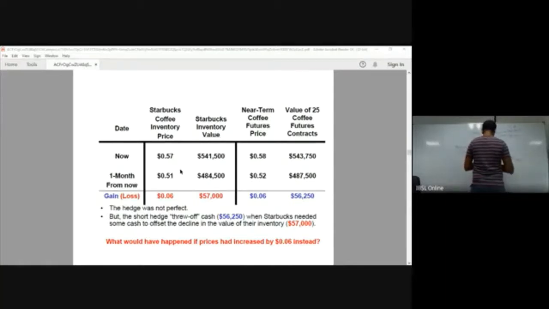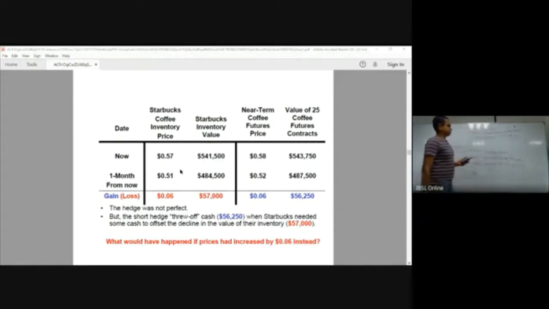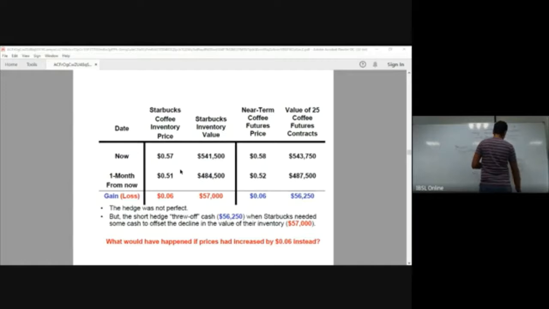So on inventory, they make a profit of $57,000. Then on the short futures, they make 600,000. So here it is minus, and the net will be a $750 profit.